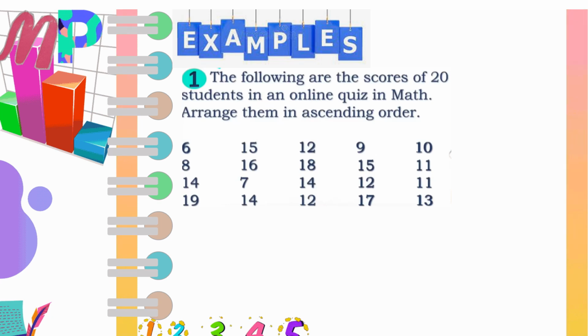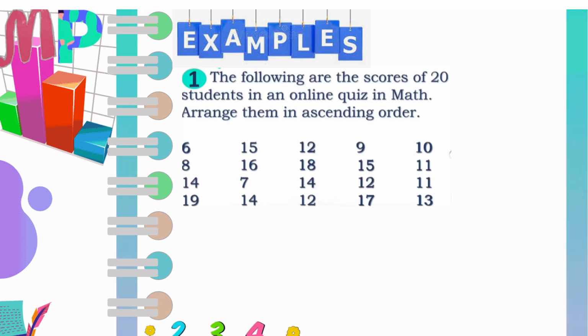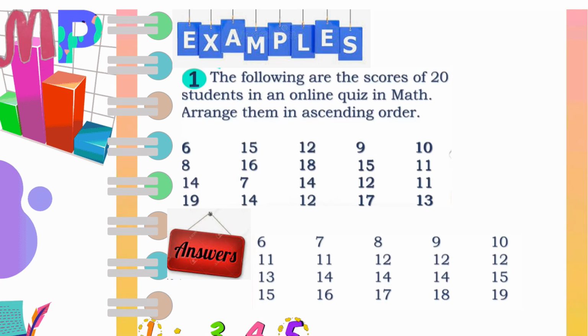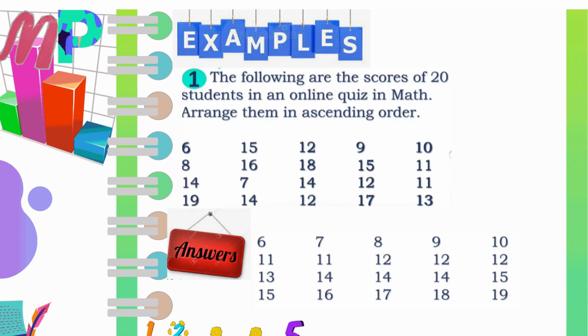Let us take the following examples. Here are the scores of 20 students in an online quiz in math. If you are asked to arrange them in ascending order, the answer is this. Just simply list down the smallest score up to the greatest score.